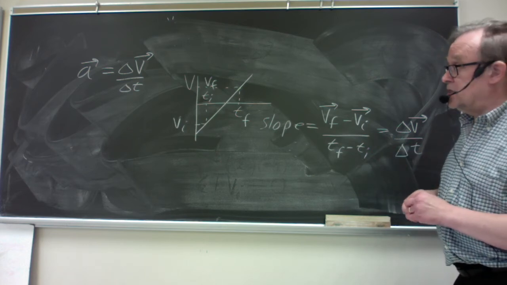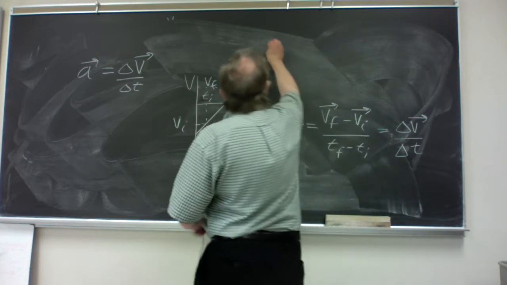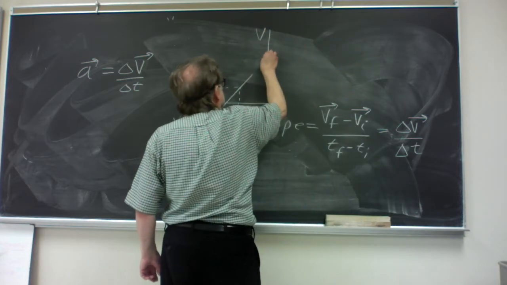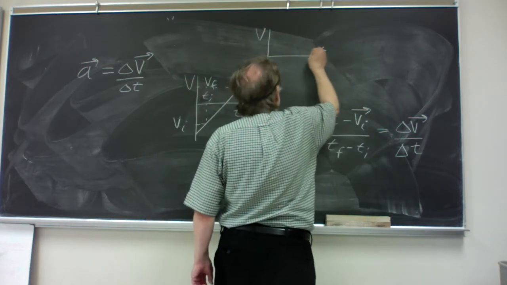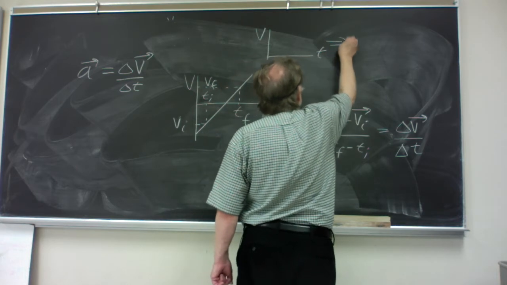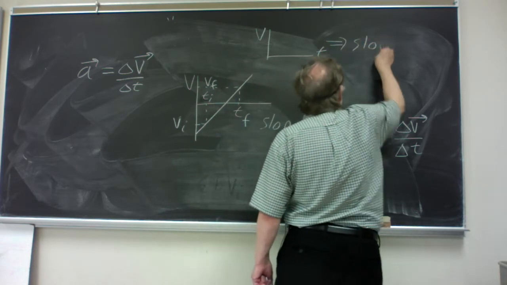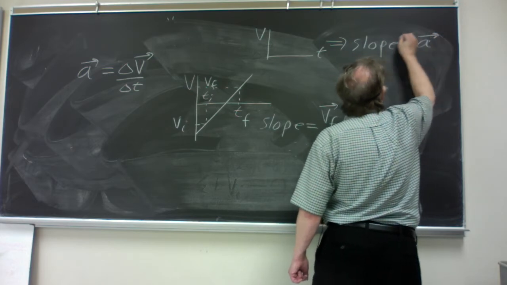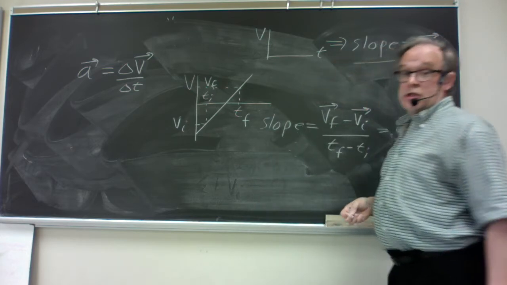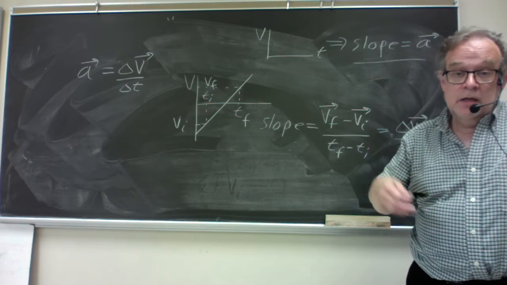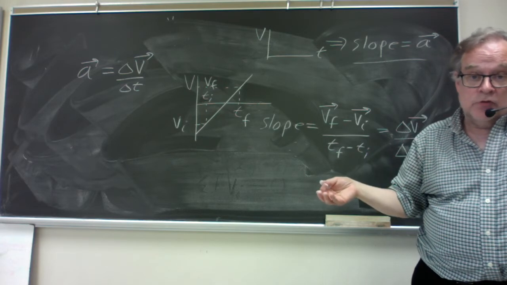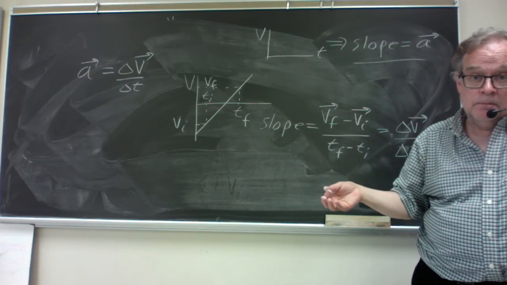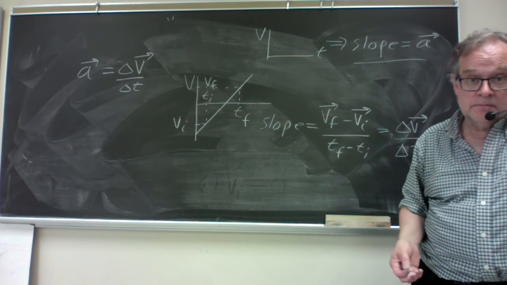On a graph of velocity versus time, slope equals acceleration. Just like in a graph of position versus time, slope is velocity.